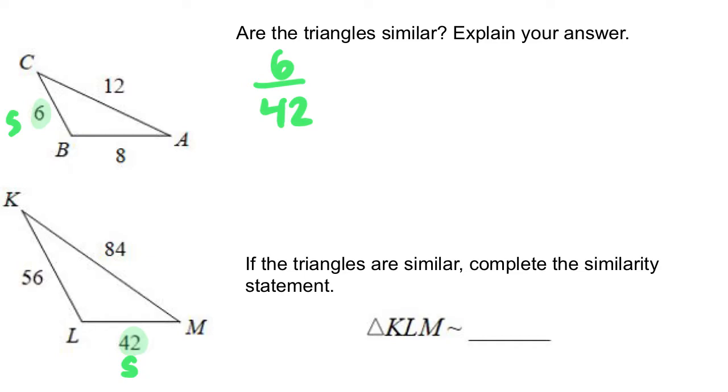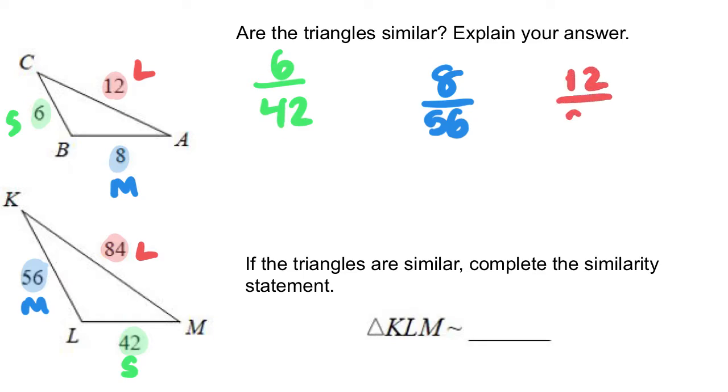Then my medium side in the top triangle is 8 and the bottom triangle is 56. So I can say that a proportion would be 8 over 56. And the largest side in the top triangle is 12, and the largest side in the bottom triangle is 84. So I can set up 12 over 84.